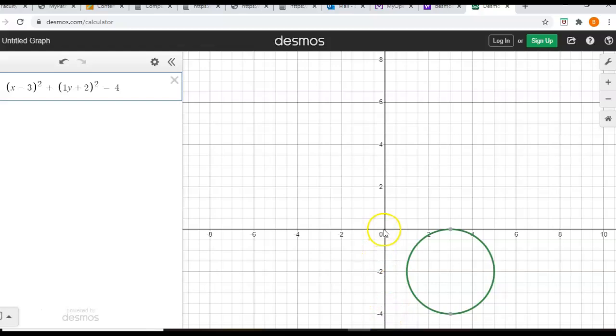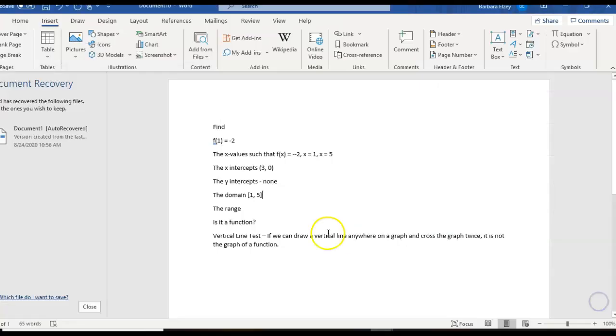So if we think about it, that circle would get squished between here and here. It will start with the lowest value of -4 and the highest value of 0. So our range is -4 to 0. And again, we'll have those square brackets because those points are actually on the graph.